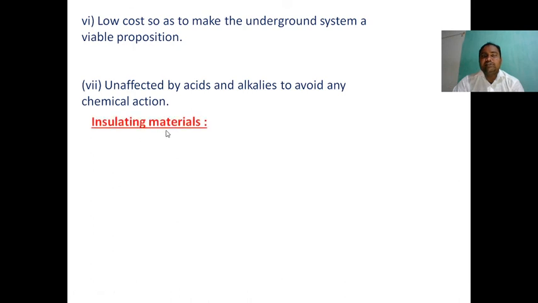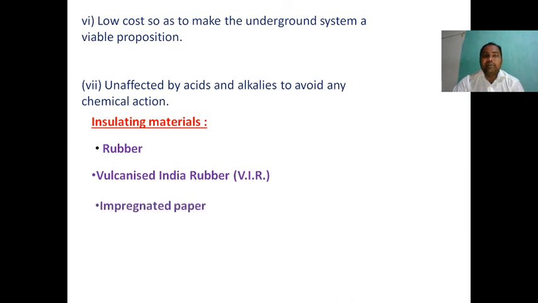What insulating materials are there? We discussed the properties. Insulating materials are normally rubber; we know rubber is a very good insulating material. Vulcanized India rubber. Impregnated paper: what is impregnated paper? A paper dipped into oil, which gives it more insulation properties, so it withstands more voltage.